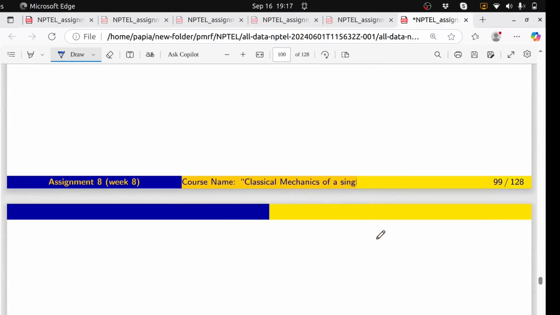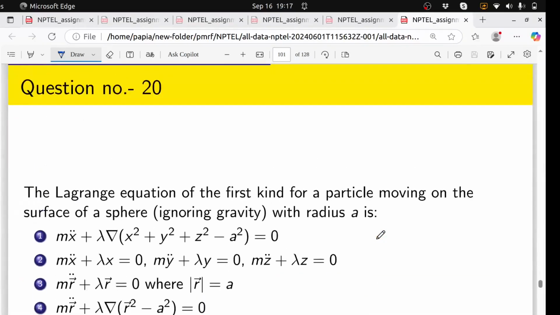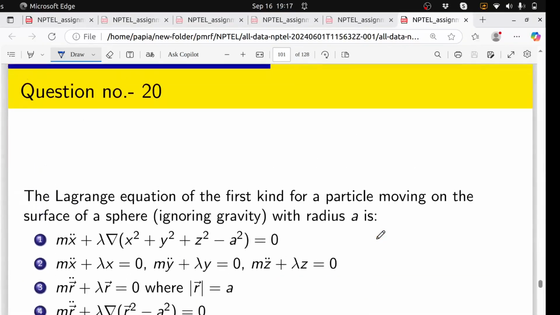Okay. Now coming to the next question. 20. The Lagrangian equation of the first kind for a particle moving on a surface of a sphere, ignore gravity, with radius a.